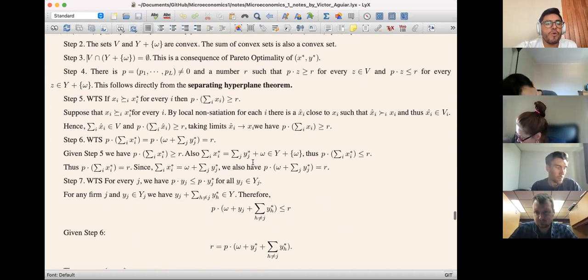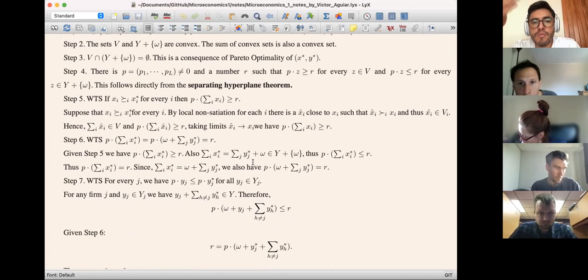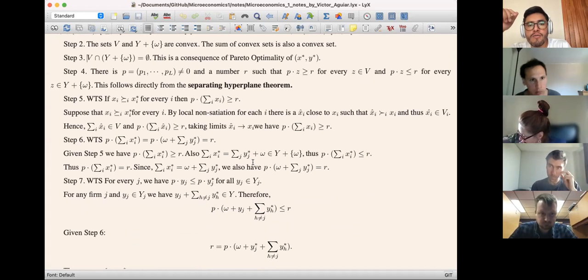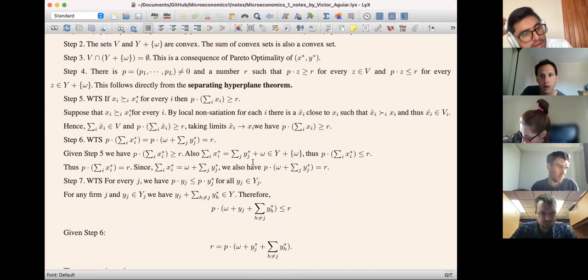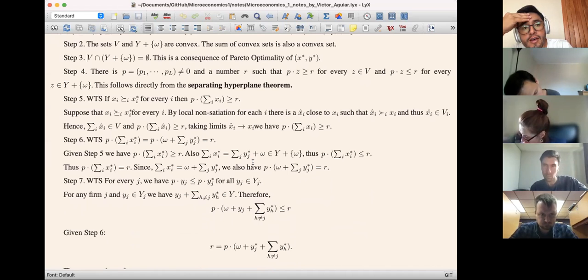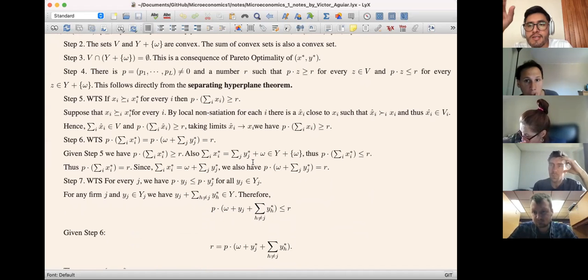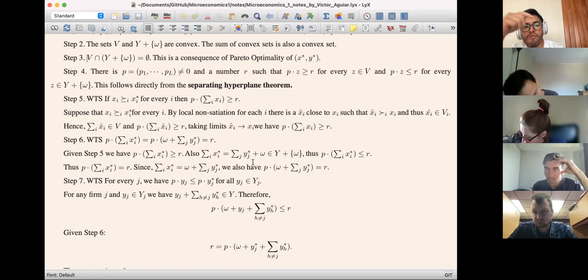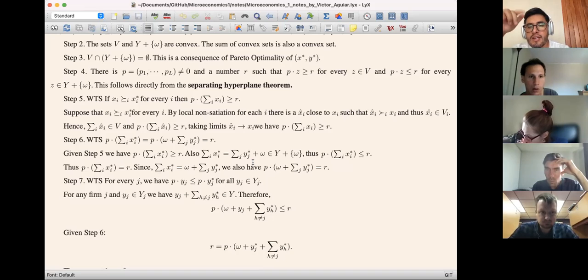So the first thing that we want to show is that every individual has this property that we define, right? And this is the role here. So if I have that xi is preferred to xi star for every i, then I'll have that the multiplication of prices times the summation of all allocations of x is above R. So suppose that xi is preferred for every i, then by local non-satiation, for each i there exists an x hat close enough to xi such that x hat is preferred to xi star.